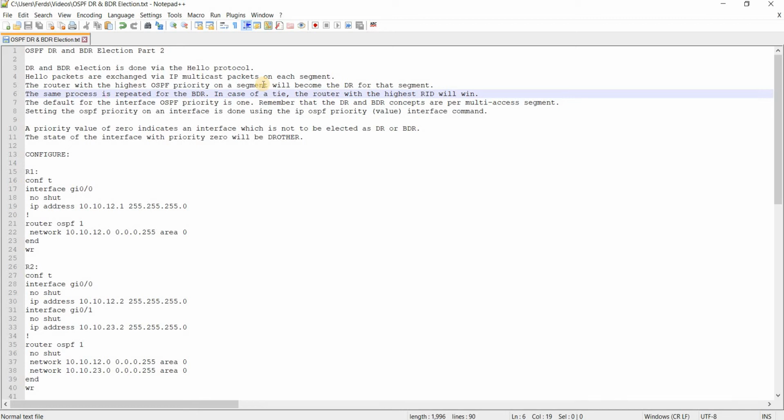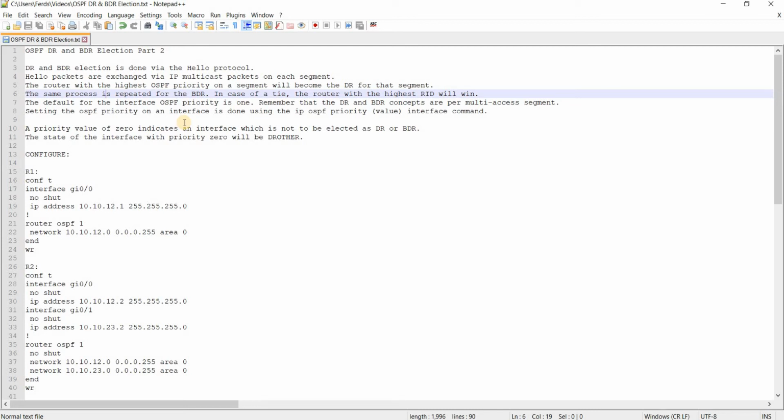The router with the highest OSPF priority on a segment will become the DR for that segment. The same process is repeated for the BDR. In case of a tie, the router with the highest router ID will win. The default for the interface OSPF priority is 1.